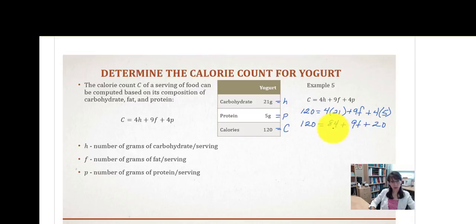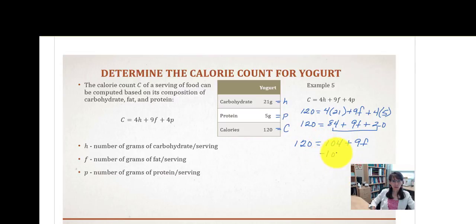So we actually do have some like terms to combine this time on the right-hand side of the equation. 120 would equal 84 plus 20. And 84 plus 20 is going to make 104 plus our 9 times F.